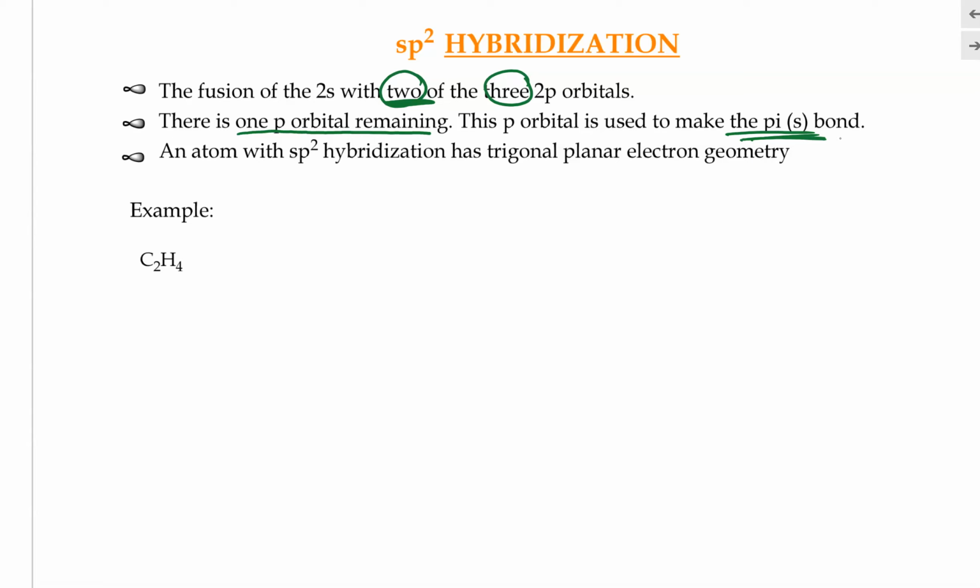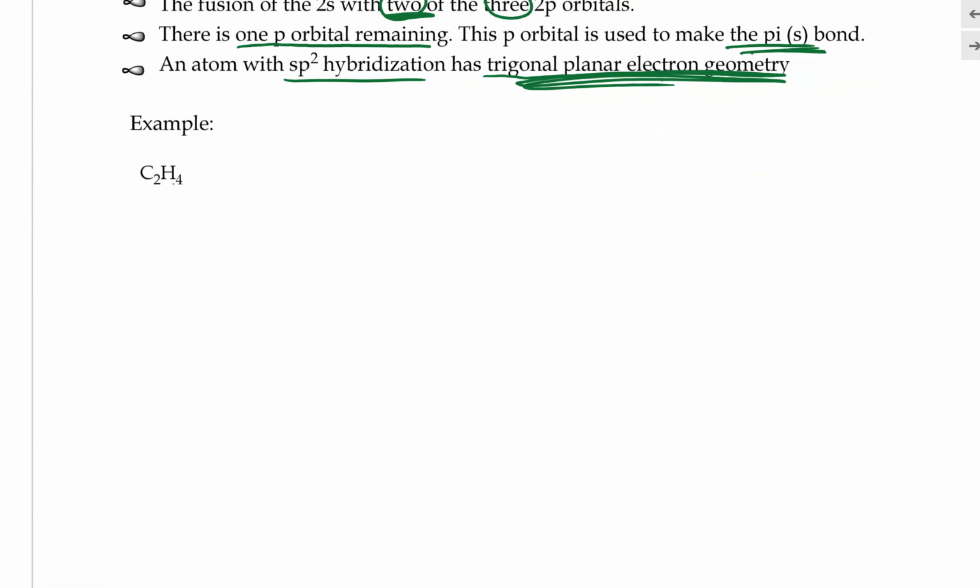An atom with sp2 hybridization has the trigonal planar electron geometry. So we can look for this electron geometry, and when we see it, we know the atom must have sp2 hybridization. For an example, take this molecule. When we construct the Lewis structure of this molecule, this is what it would look like.